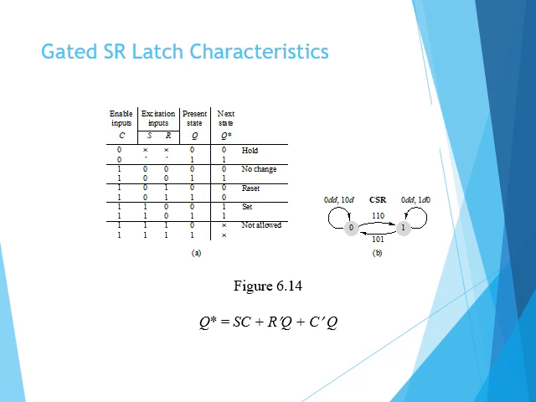Then we derive the K-map implementation, and after that we have the final expression of the gated SR latch. How do we get this expression? After solving the K-map implementation, only then do we get the final expression.